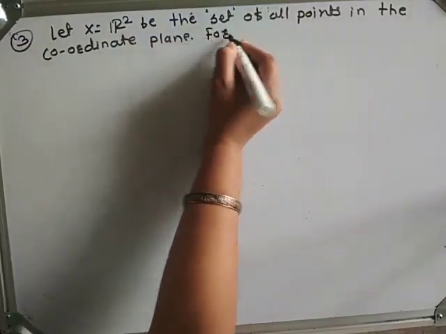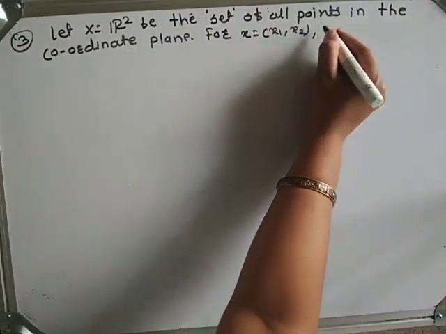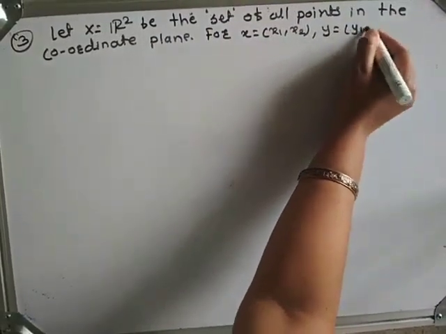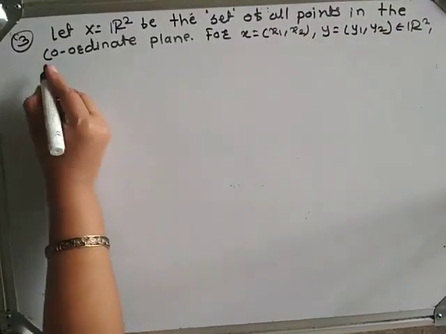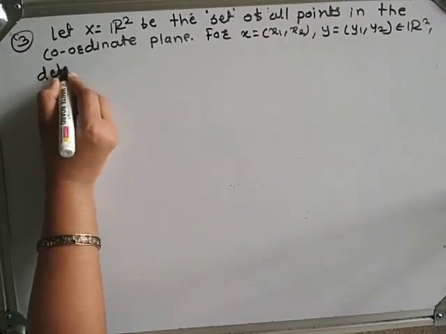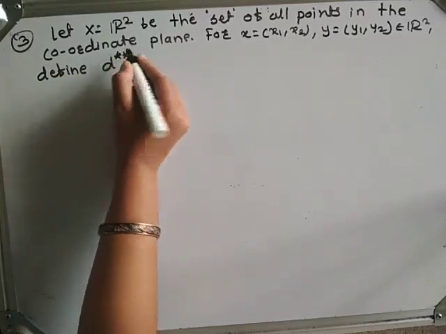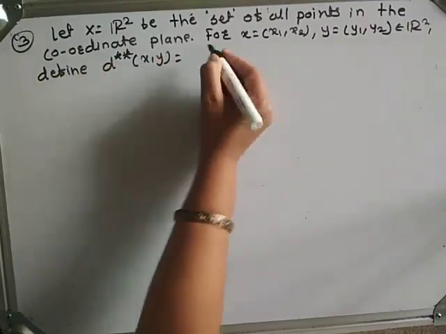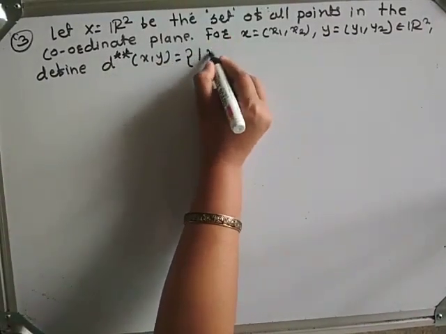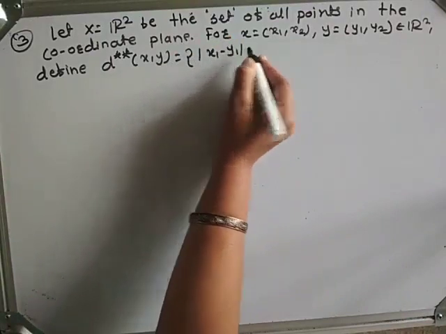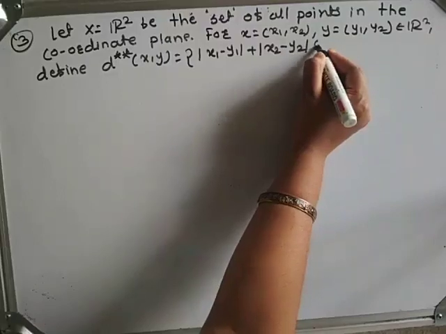For x is equal to the ordered pair x1, x2, and y is equal to the ordered pair y1, y2 belonging to R2, define d double star of x, y is equal to mod x1 minus y1 plus mod x2 minus y2.